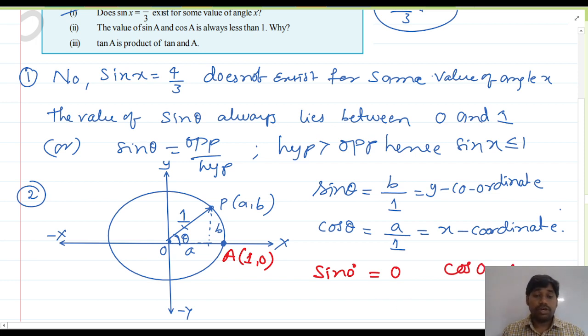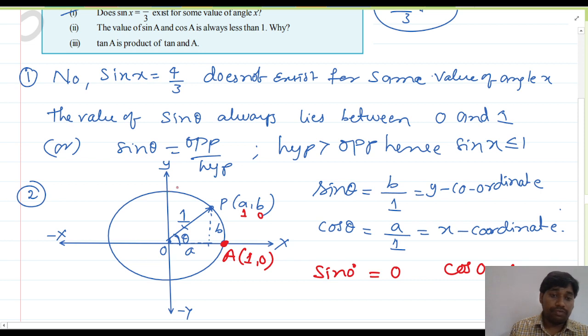I hope you can understand, right? A value is 1 unit, B value is 0. So theta is 0, sin 0 is 0, cos 0 is 1.